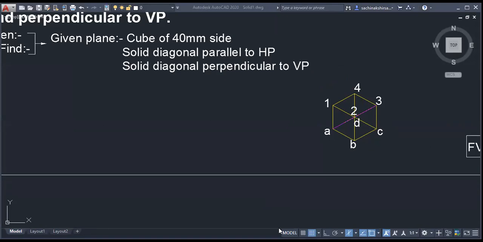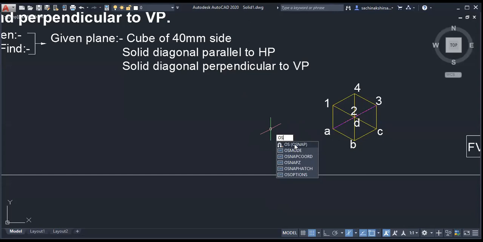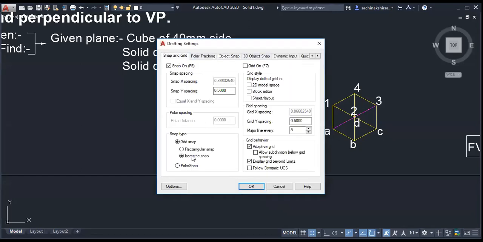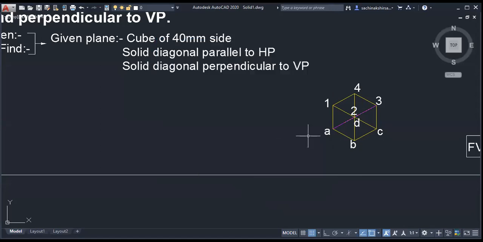For a solid cube, or maybe a square prism, how many solid diagonals will be possible? Correct. What did you say? 4. For any solid like this, there will be 4 solid diagonals.